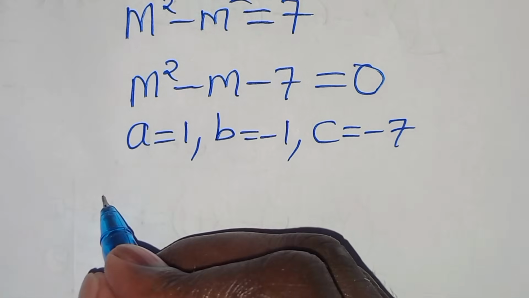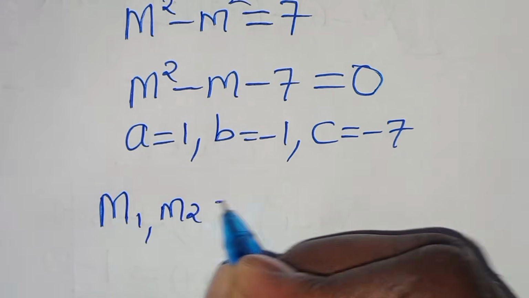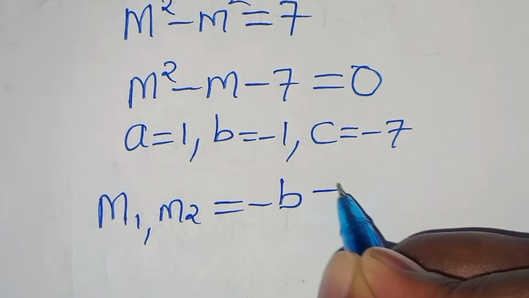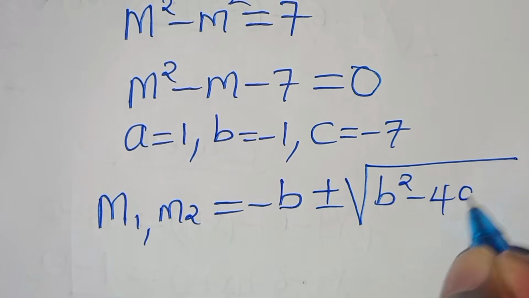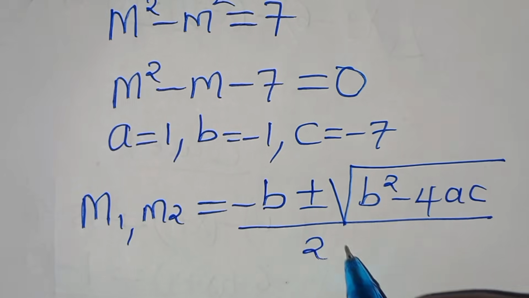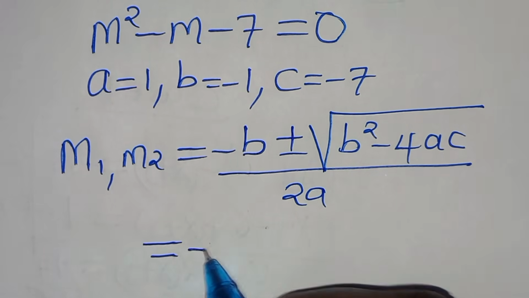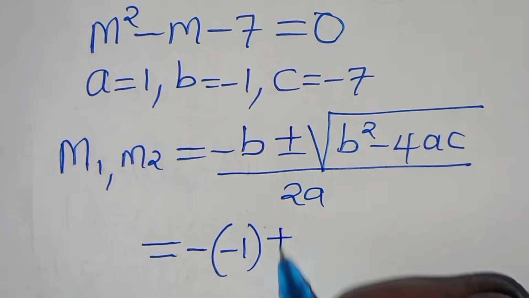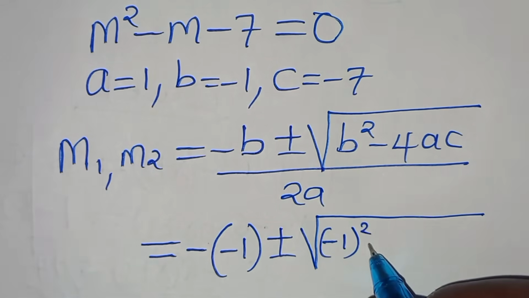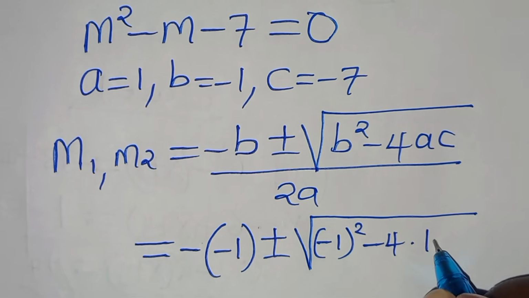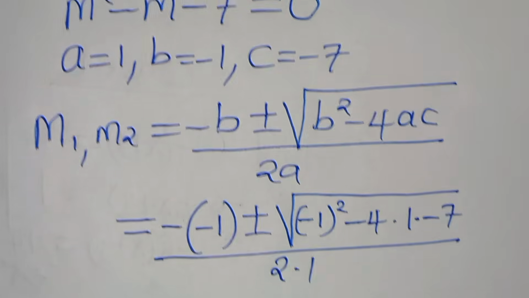So we can solve for m1, m2 by applying the quadratic formula here, which is -b plus or minus the square root of b squared minus 4ac, divided by 2a. Substituting the values of a, b, and c, we have -(-1) plus or minus the square root of (-1) squared minus 4 times a, which is 1, times c, which is -7, everything divided by 2 times 1.